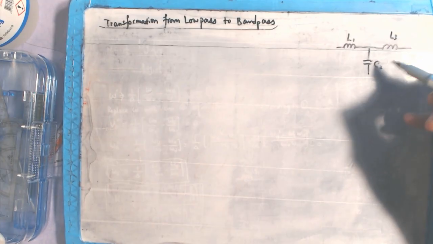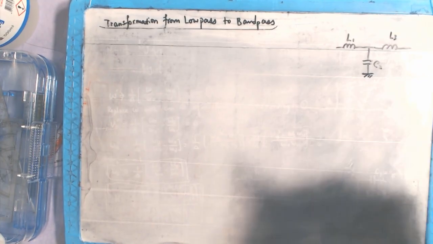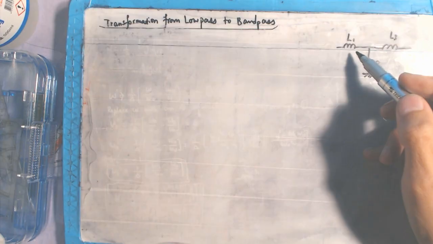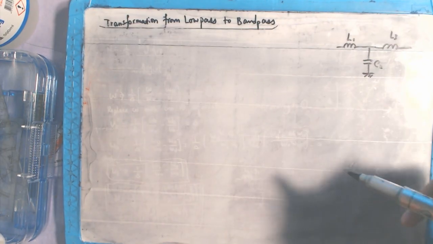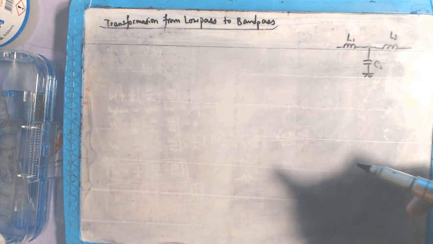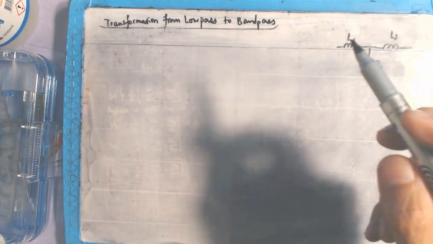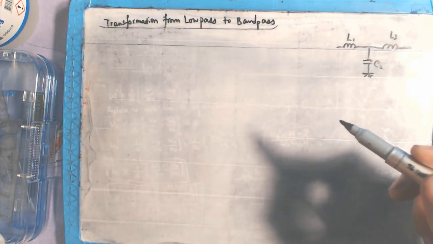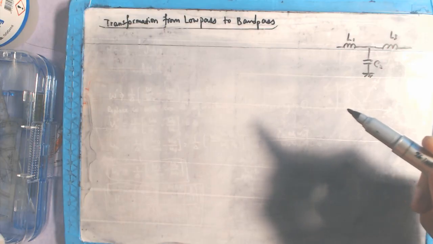But the question is, instead of having a low pass filter, you need bandpass. You are not using this. So what you can do is, you replace this and find the bandpass equivalent.